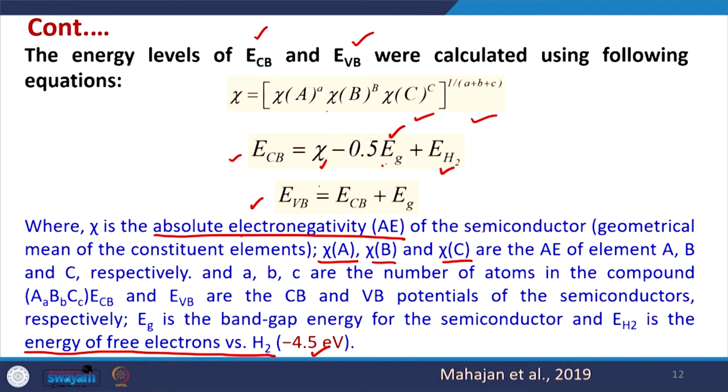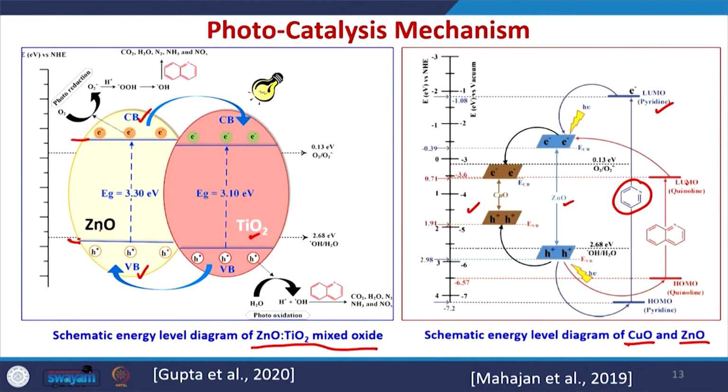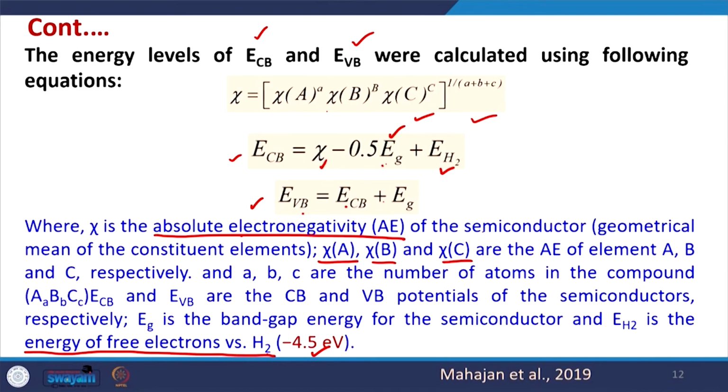Then we can calculate the valence band, which is equal to ECB plus EG. Using this equation we can know the exact point, like here for copper oxide it is 1.91 and 0.71. Similarly, for zinc oxide we can calculate 2.98 and minus 0.39. But we can see this depends upon the band gap value as well.